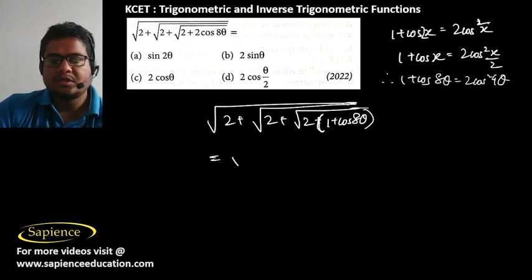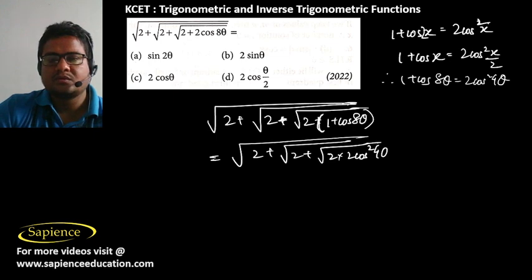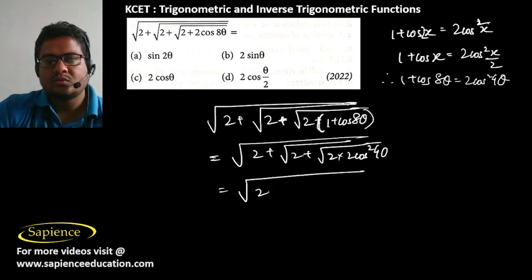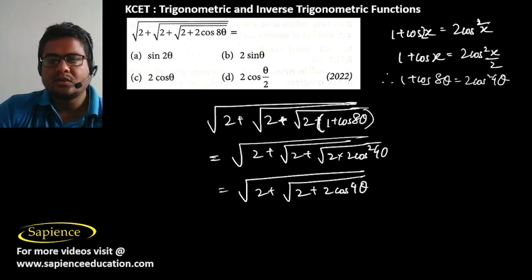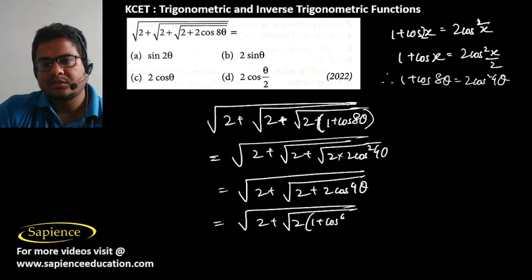So this can be written as root over 2 plus root over 2 plus root over 2 into 2 cos square 4 theta. Now this is again 2 into 2, so this will come root over 2 plus root over 2 plus 2 cos 4 theta. Now from here again 2 I can take as common, so this will be root over 2 plus root over 2 into 1 plus cos 4 theta.